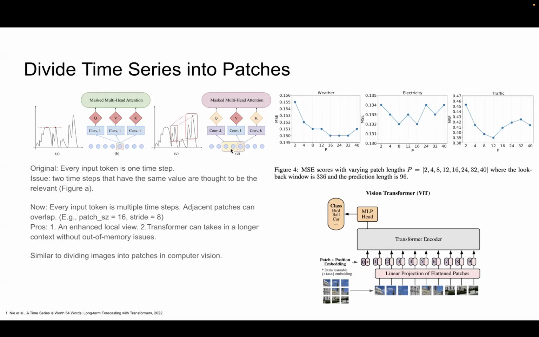So the idea is quite similar to that for time series. And maybe one idea here is that instead of applying the same patch size to the time series, because there can be different seasonalities, maybe we can introduce different patch sizes and see if there's an improvement in performance.